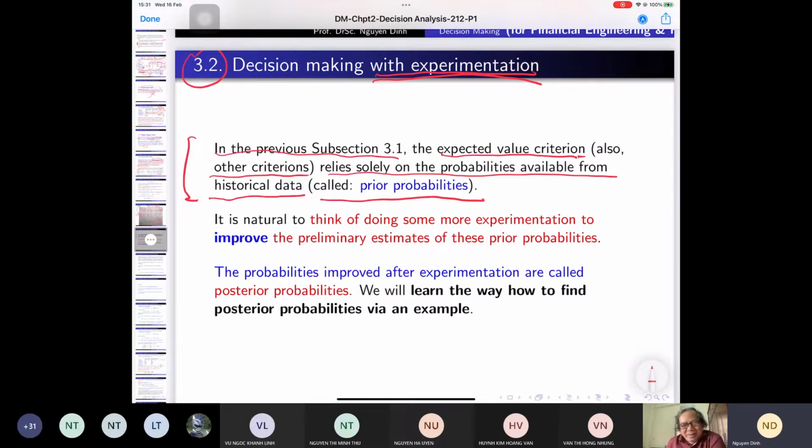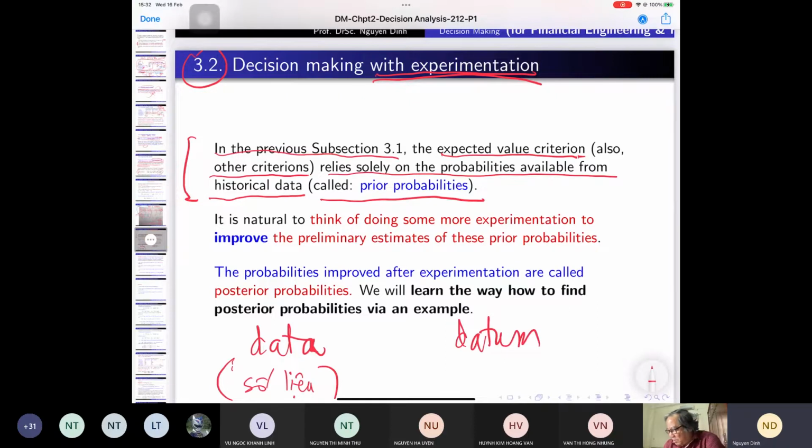So I give a hint. You know what data means? Data in Vietnamese means something like this. But data comes from datum.